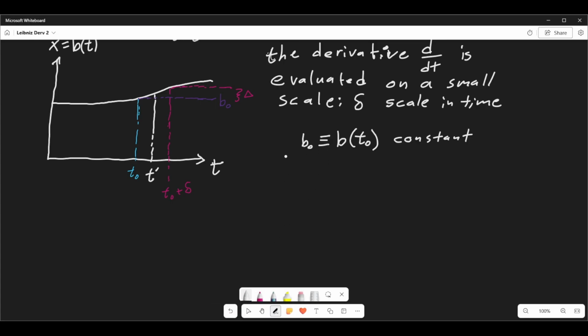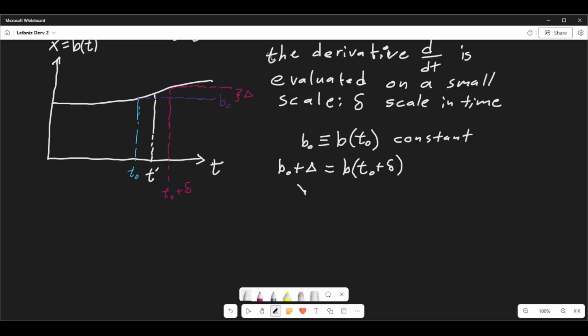So there's going to be a B naught plus delta, which is going to equal B at t naught plus the delta in t. So basically the delta in t in time corresponds to a big delta in space, which is x.